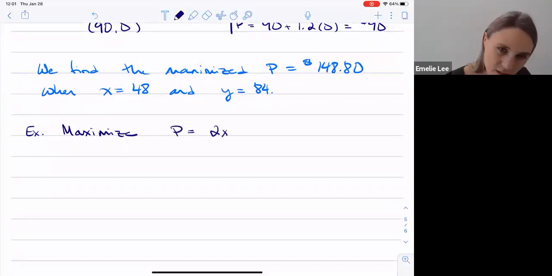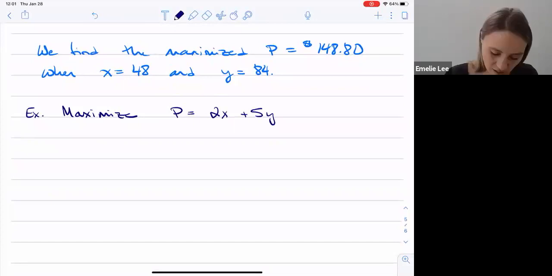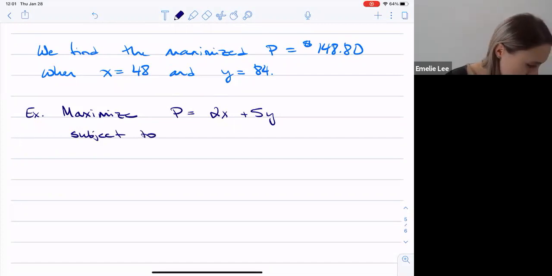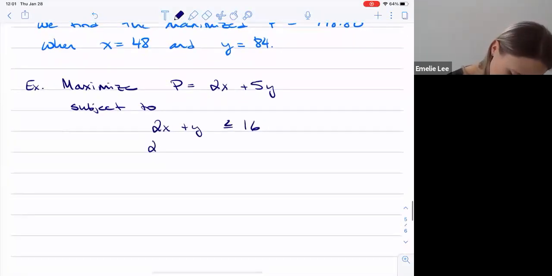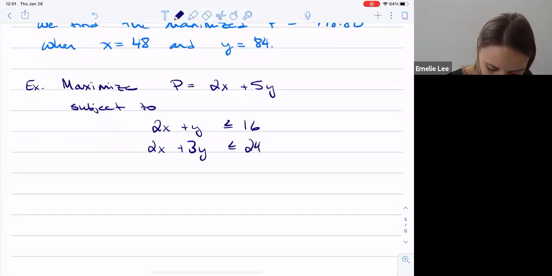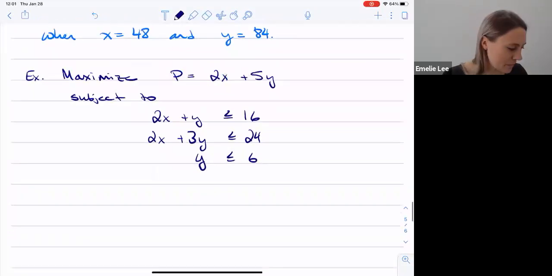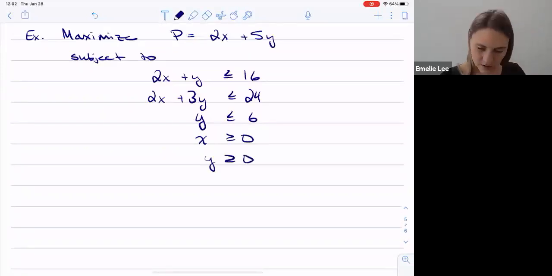P is 2x plus 5y, and I want to maximize it subject to 2x plus y is less than or equal to 16. 2x plus 3y is less than or equal to 24. I'm going to add another restriction here. Y has to be less than or equal to 6. And then our go-tos, x is greater than or equal to 0 and y is greater than or equal to 0.